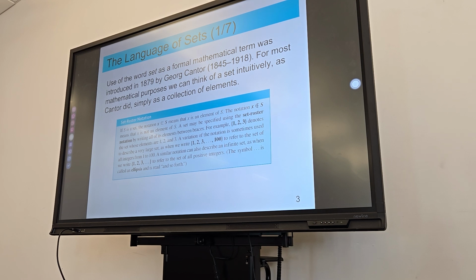With large sets, you can use an ellipsis to imply a sequence, such as 1, 2, 3, ... 100 means 1 to 100 all the way through. Or the ellipsis at the end of the set to indicate that it goes on infinitely.